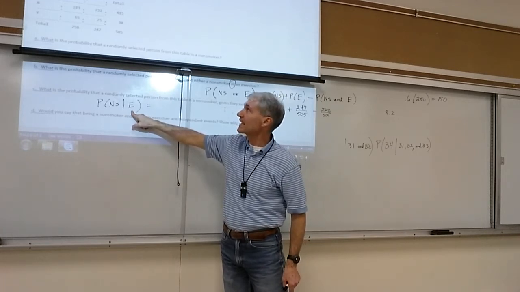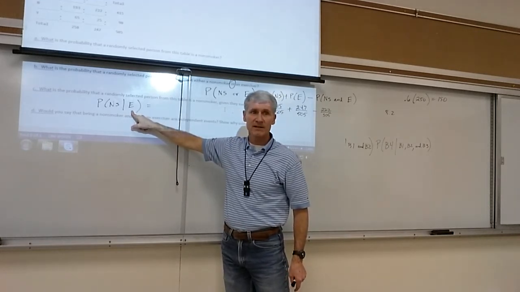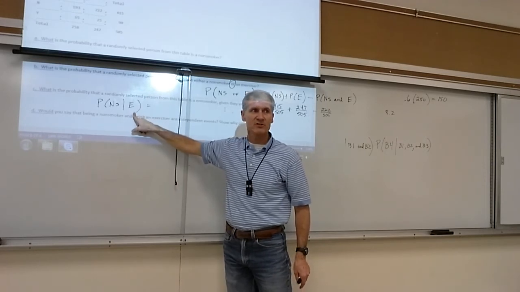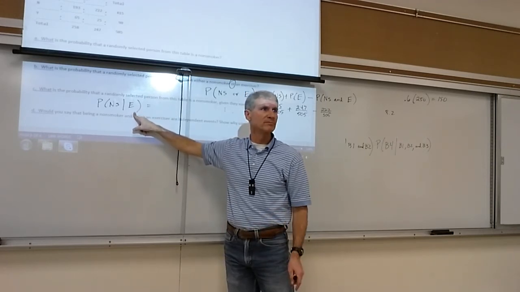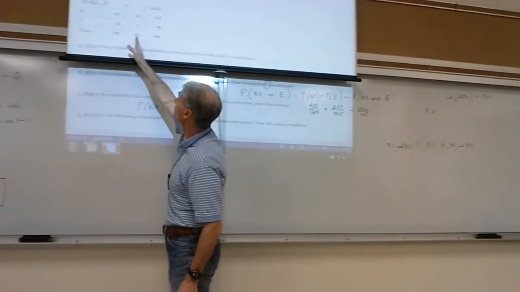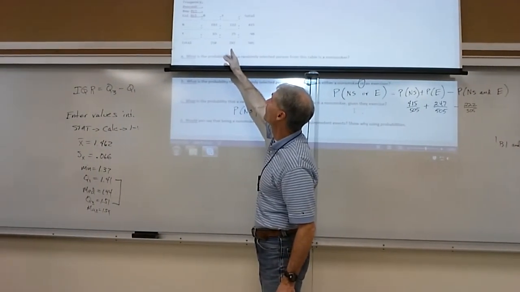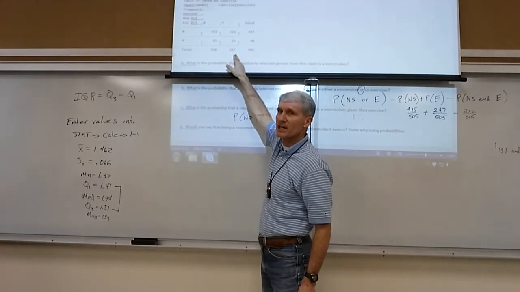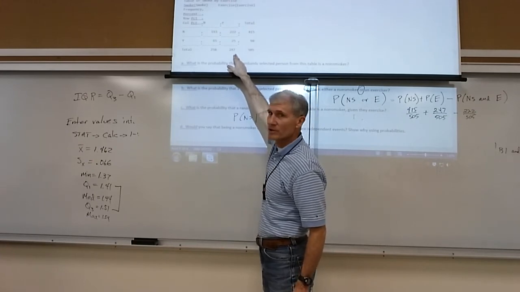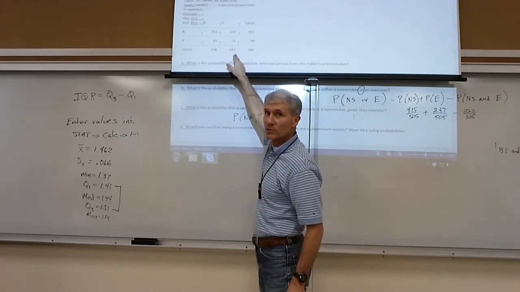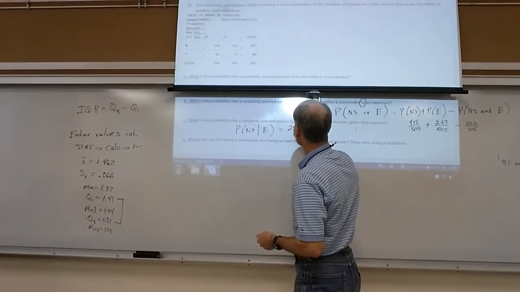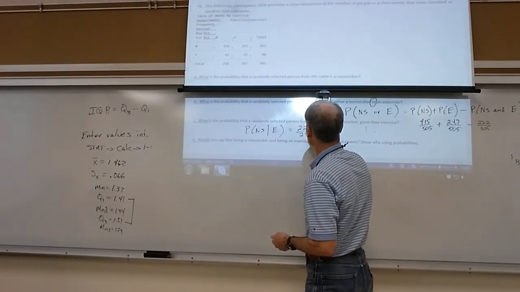I only look at the exercise column, right? Because I'm conditioning on them. They have to be an exerciser to even be in this problem. So the exercisers are in this column. Now, of those 247 exercisers, how many were non-smokers? 222. So the answer is 222 over 247.